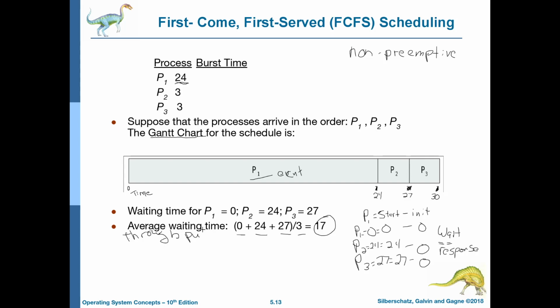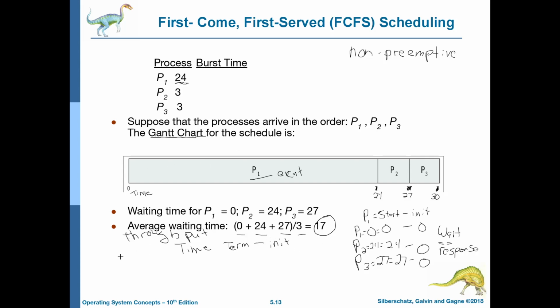So throughput time is going to be the time from when it terminates, the terminate time, minus the init time. Notice the difference here. For wait time, we have start minus the init, so we still use the init value here, but this is terminate.